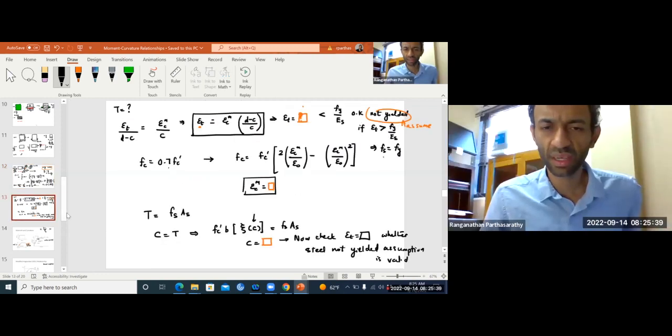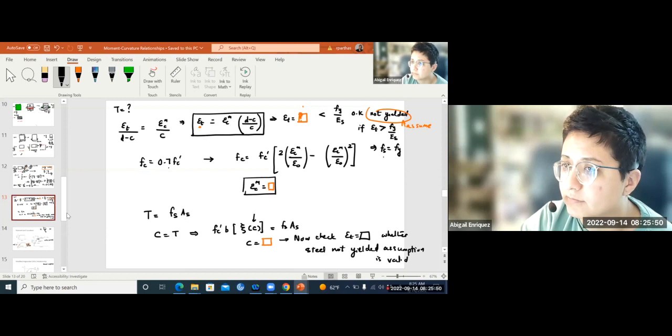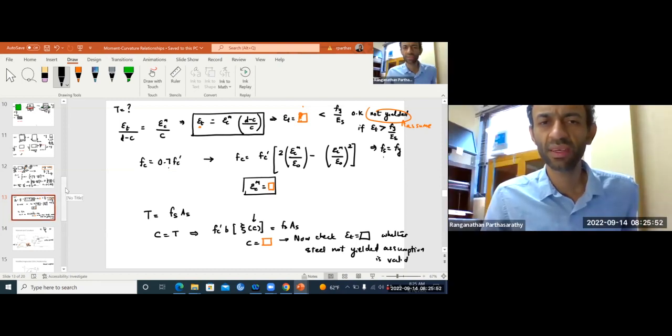So now in this equation, on the left side, you have a big nonlinear equation in C, right? Your only unknown is C here because you don't have any other unknown.